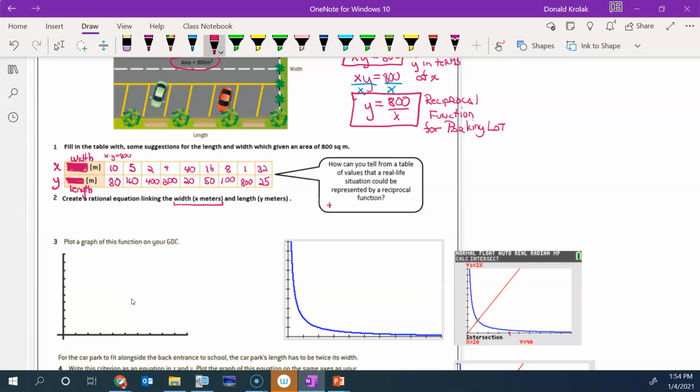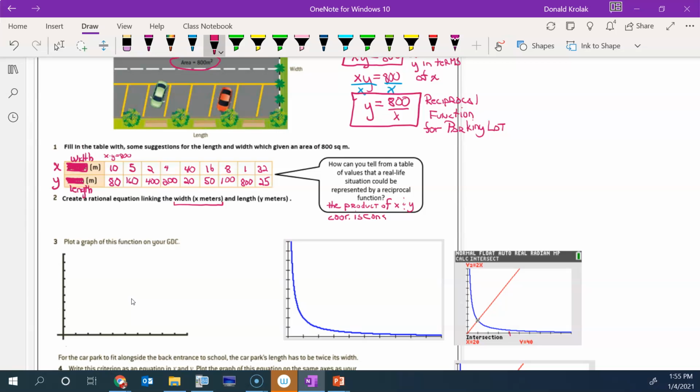The product of the x and y coordinates is the same, or it's constant.